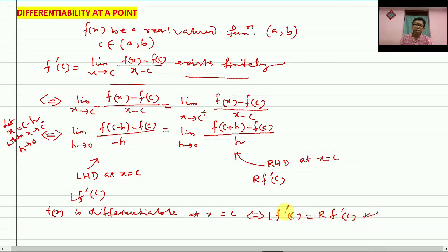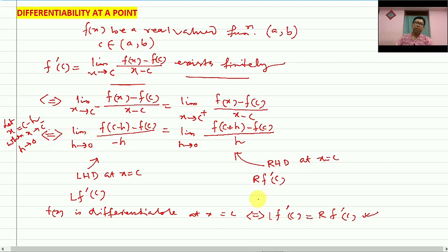Except this, you can't say the function is differentiable at the point x is equal to c. So if you find that L f dash c is not equal to R f dash c, then the function will not be differentiable at the point x is equal to c.